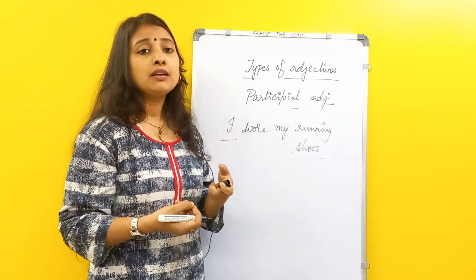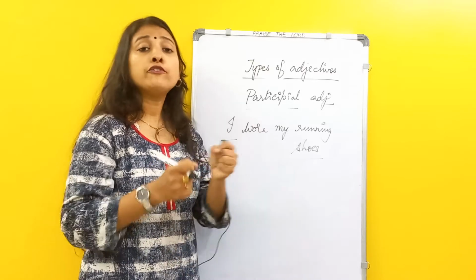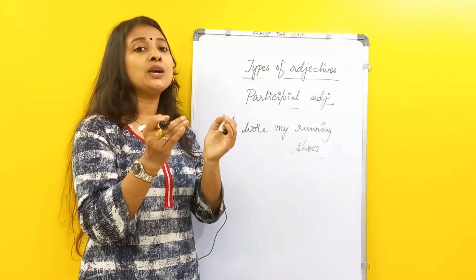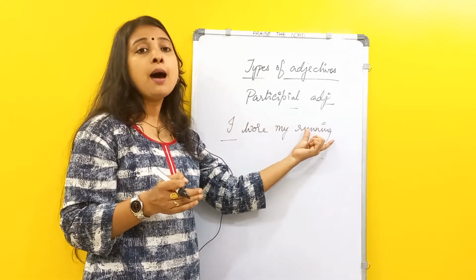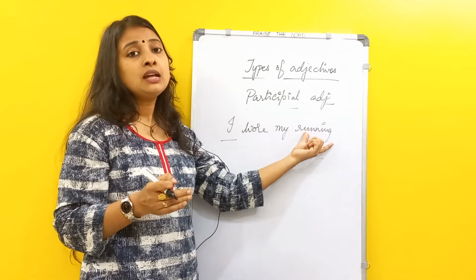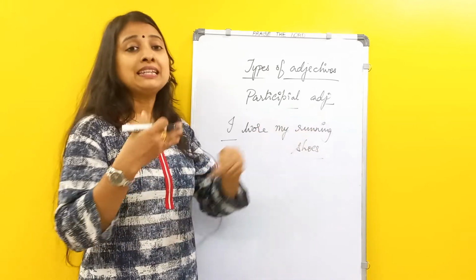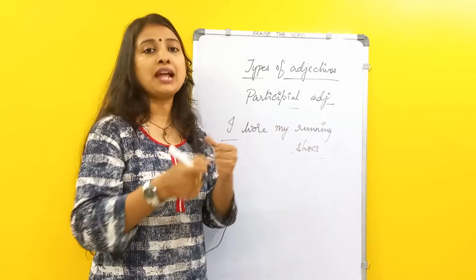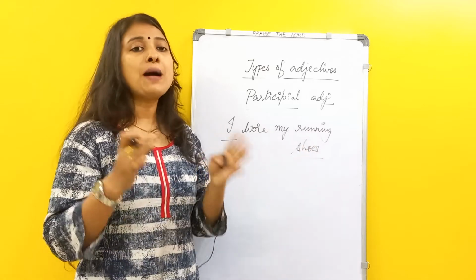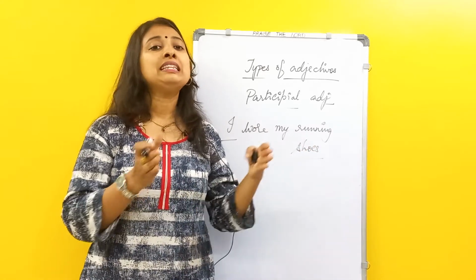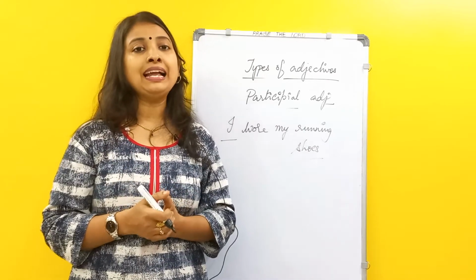He's wearing shoes. What are those shoes meant for? For running. This word running, using an ing form, is a present participle. It is defining the shoes, telling that I am using the shoes for running. Therefore it is called a participle adjective. Participle adjectives are those which use participles as adjectives.